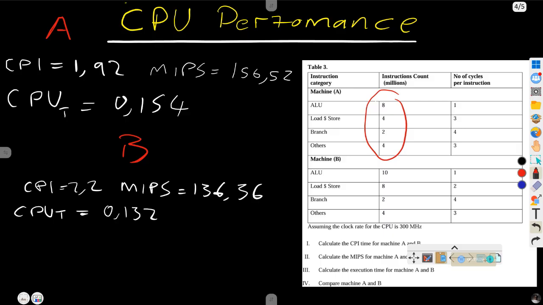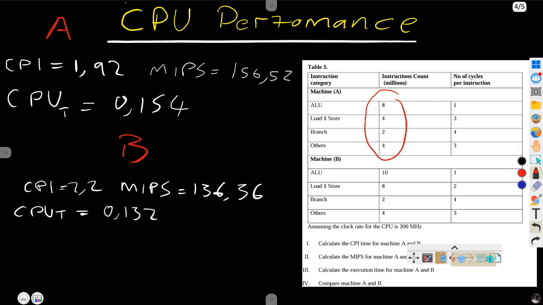And then CPI, clocks per instruction. We have A, which is less than B. Of course it will be less because B has faster time and A has less time. Then you will deduce that CPI of B is greater than that of A.